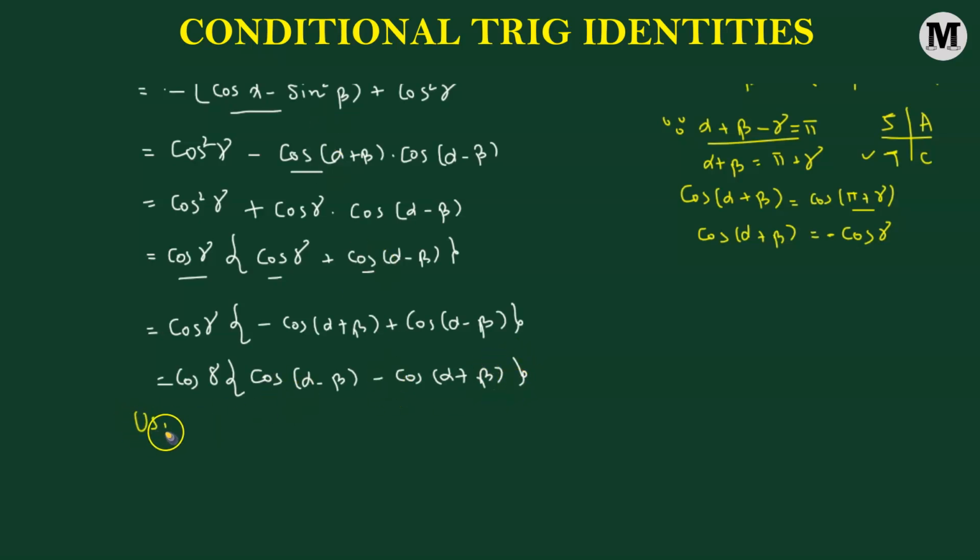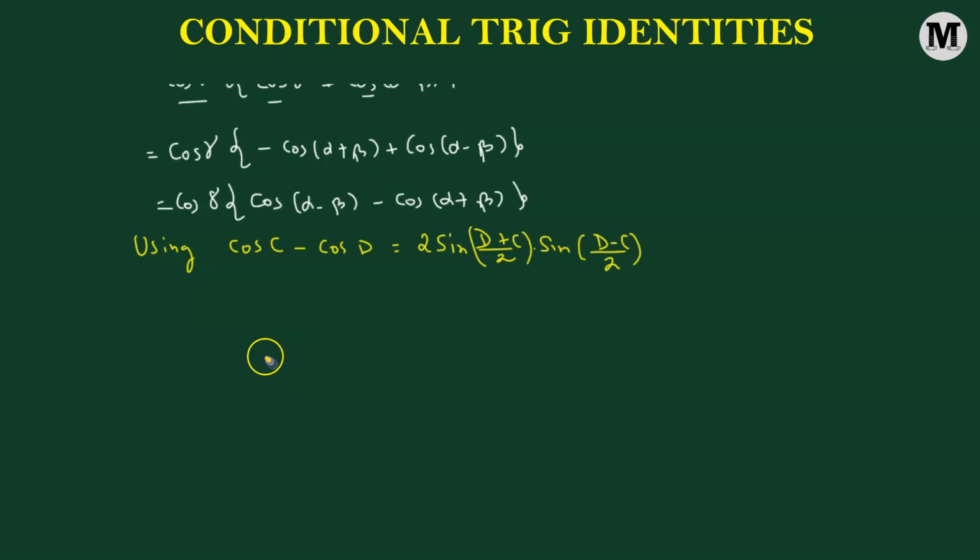If we have cosine of C minus cosine of some angle D, this can also be expressed as 2 times sine of the angle D plus C over 2 multiplied to sine of the angle D minus C over 2. Okay, so now what we get here is cosine of gamma multiplied to 2 times.